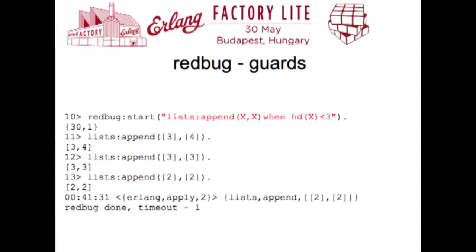So here, this is basically the same example. It is exactly the same example as before. I set up a trace on this append, where the two arguments are equal and greater than 3. I call it 3 times, and I only get 1 hit, which is what it's supposed to do. And then Redbug times out by itself.